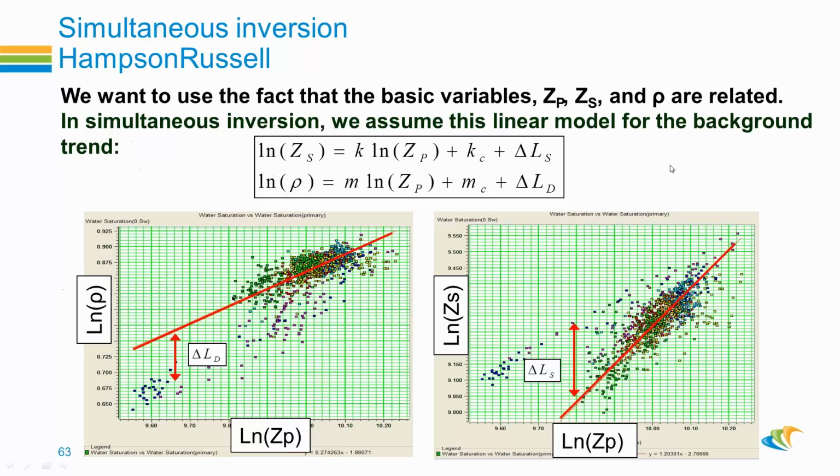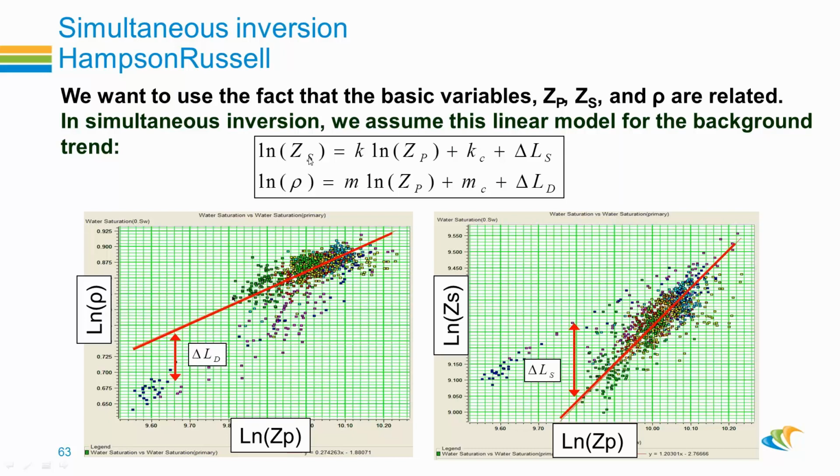In Hampson-Russell, we know that there is a relationship between ZP and ZS, which is acoustic impedance and shear impedance, in wet rocks, and that comes from the Mudrock line. And we also have the Gardner relationship, which relates density to VP. So these formulations have been applied in Hampson-Russell using Fatti's equations and also some combination of the AVO calculations.